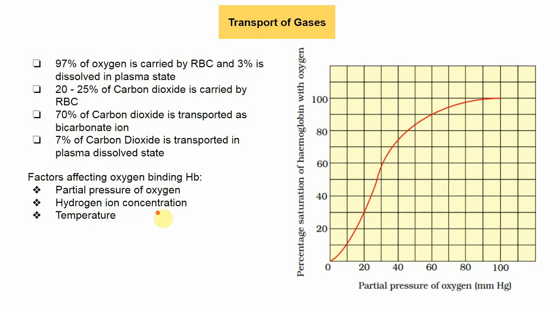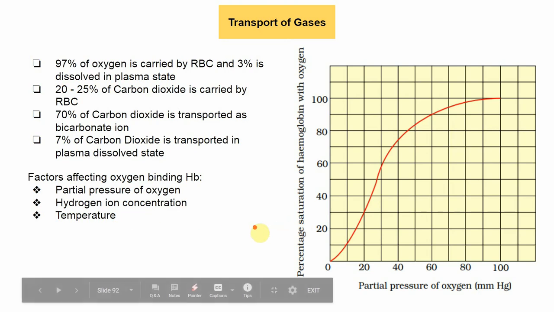So now what happens if the partial pressure of oxygen is less? What happens if the hydrogen ion concentration is more? What do we mean by hydrogen ion concentration being more? We are referring to the acidity, okay? What if the environment is more acidic in nature? And finally, what happens if the temperature is also slightly more, right?